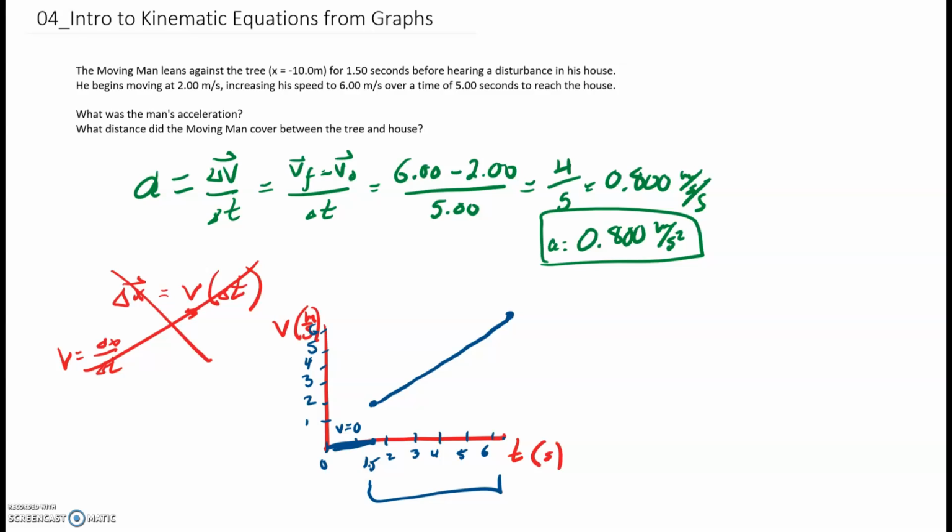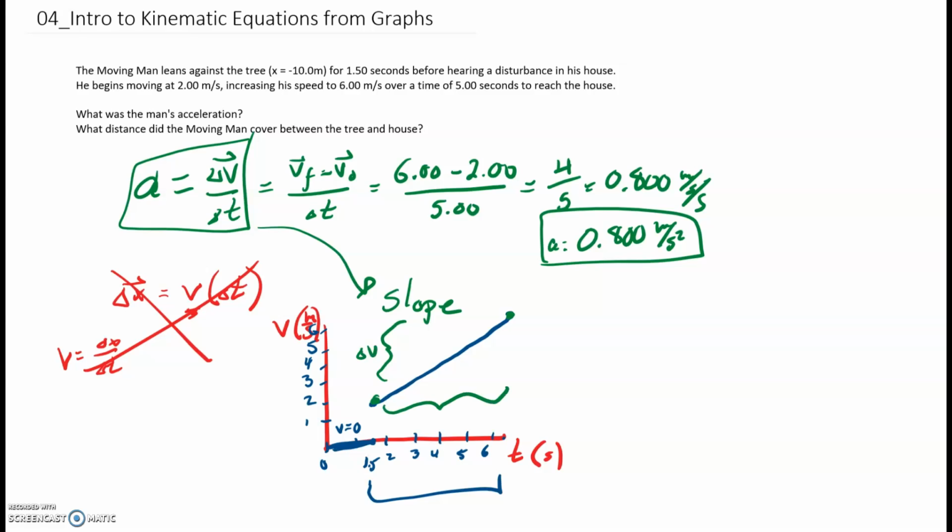And I can confirm this green work by looking at the slope of my graph. I get my final velocity minus my initial velocity to get delta V and delta T, which was 5 seconds.